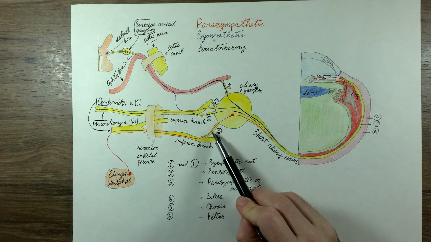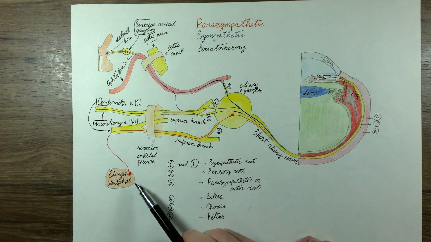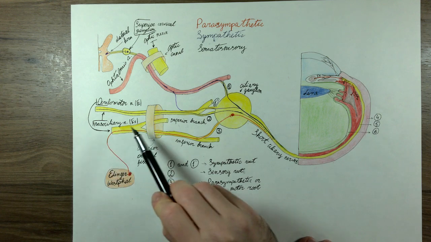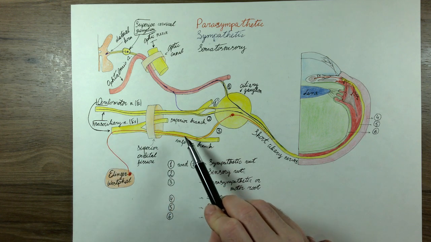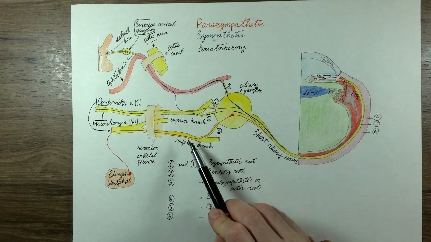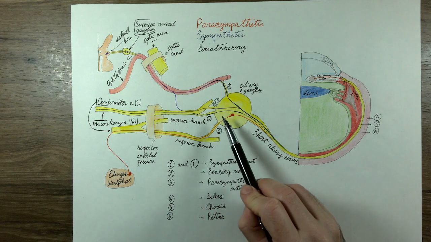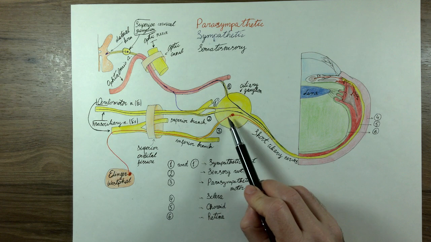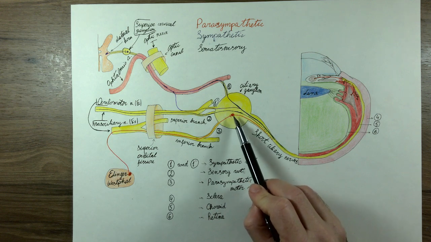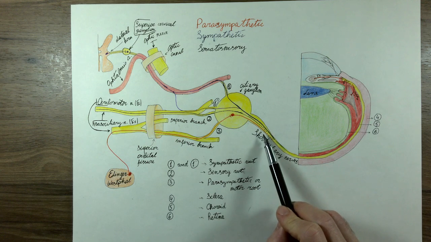These nerves originate from the Edinger-Westphal nucleus, or the accessory nucleus of the oculomotor nerve. They travel through the oculomotor nerve towards its inferior branch, and from there they would branch off and join the ganglion. There they would synapse, and from the ganglion the postganglionic fibers would originate.